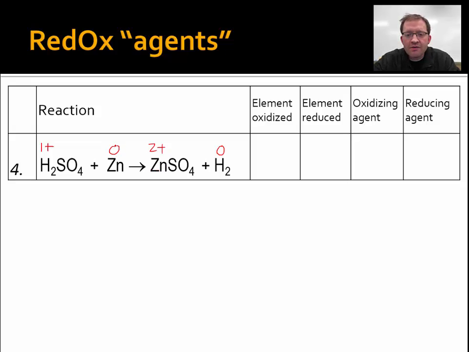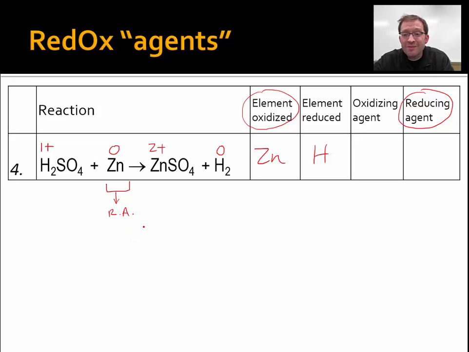So who's being oxidized? Well, zinc is going from 0 to +2, so zinc is going upward. And hydrogen is being reduced from +1 down to 0. So hydrogen is being reduced, like so. Now, what does that mean for us here? The element being oxidized, remember, is part of the reducing agent. And so the element being oxidized, zinc, is part of the reducing agent, Ra here.